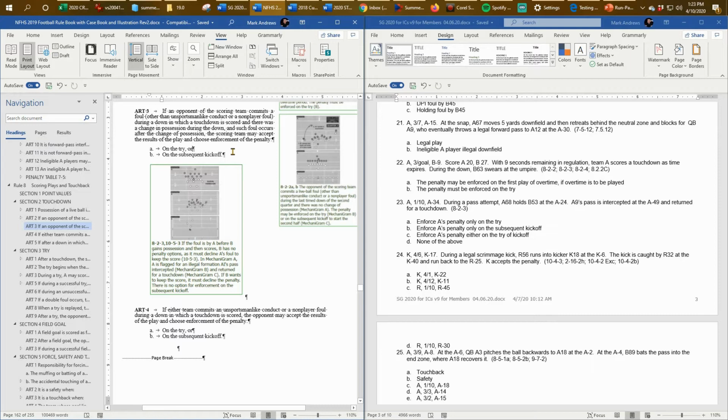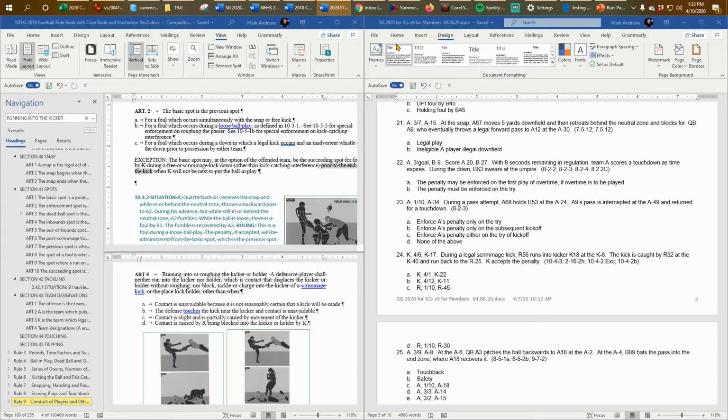So this foul occurs before the change of possession, right? So basically the scoring team has to decline the penalty in order to keep the touchdown. So the answer to 23 is D, none of the above.